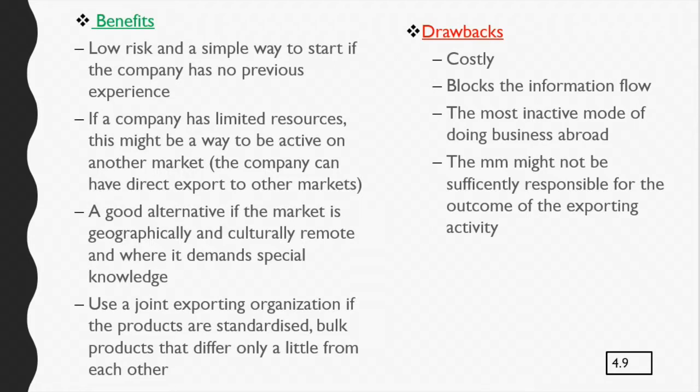One benefit, if you have really, really standardized products or bulk products that a lot of companies can produce, is that then you can actually use a joint exporting organization that will take care of all the products made by many different companies, but then they are sold as one product in a way.